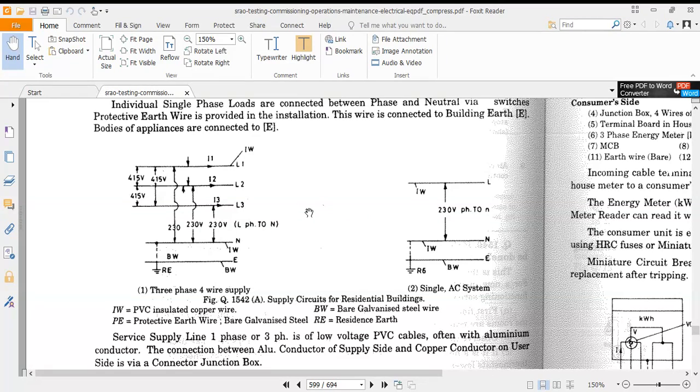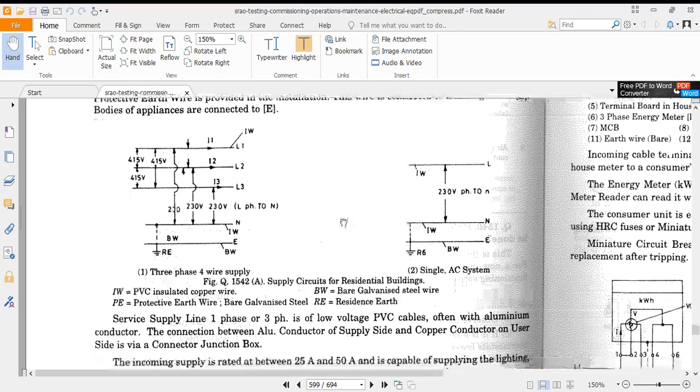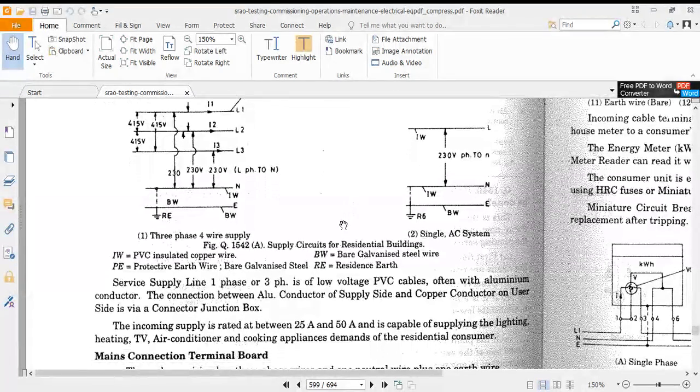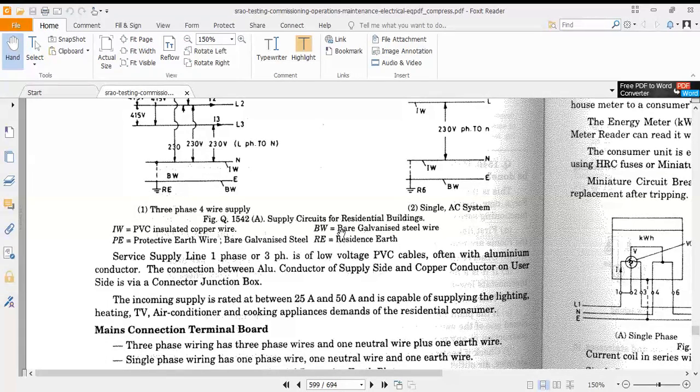Likewise, if a three phase line is available, generally we try to distribute the load between all three phases, possibly equally. So that is how the load is distributed. And we know that these supply lines, or the phases, are generally aluminum conductors, ACSR.